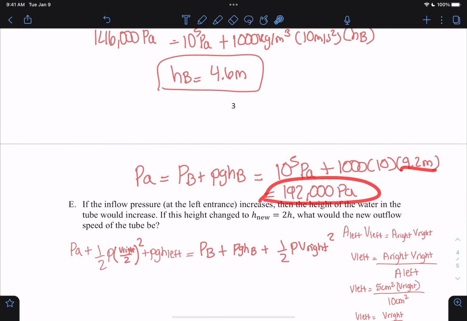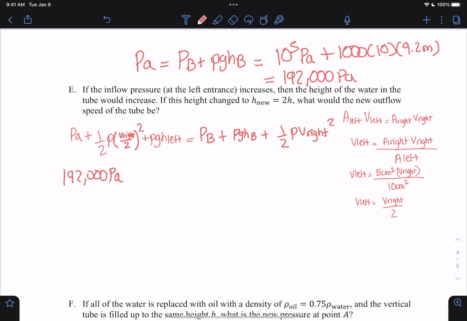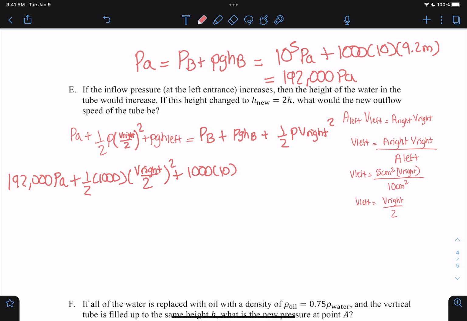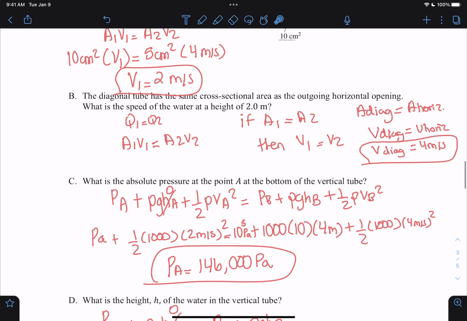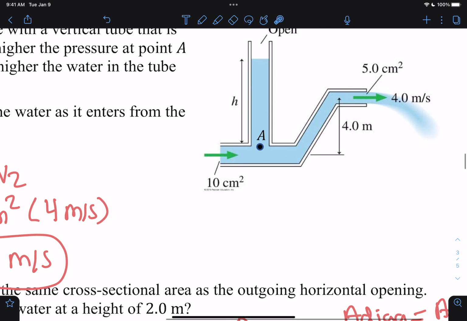192,000 pascals. So 192,000 pascals plus half times 1,000, that's the density of water, times V right divided by 2 squared, plus 1,000 times 10 times height of the left, and the height of the left-hand side here, actually I didn't even have to write it down.